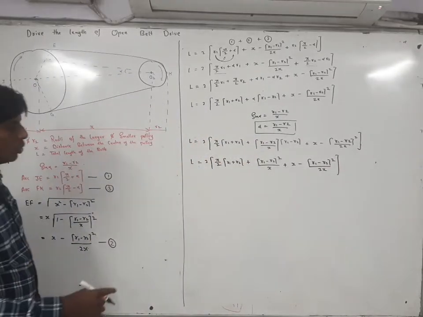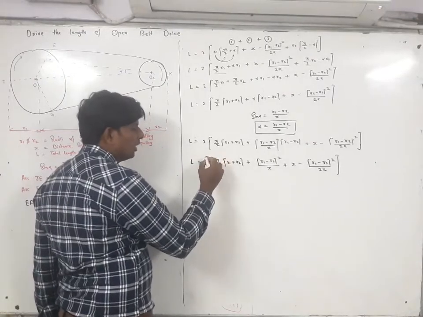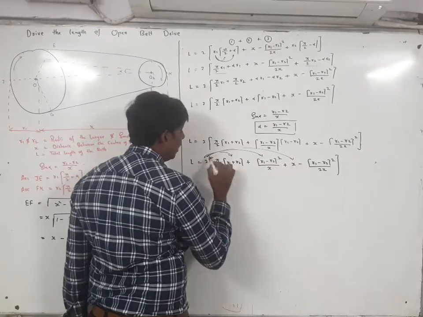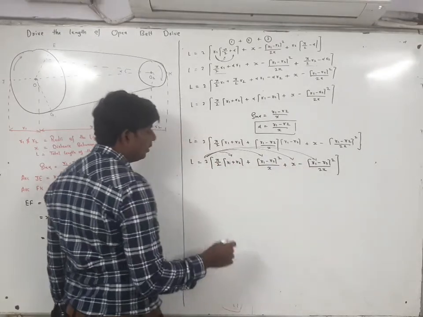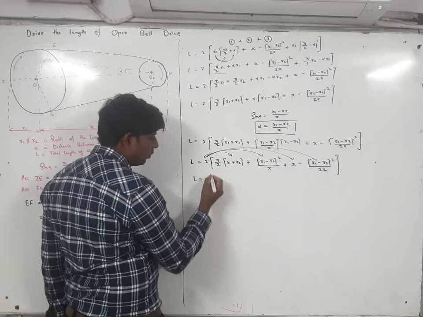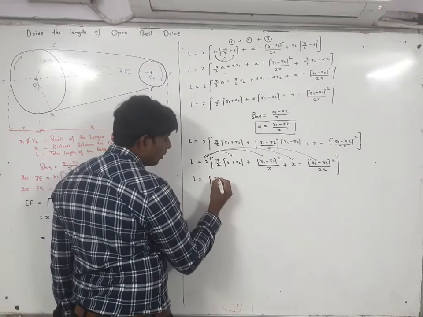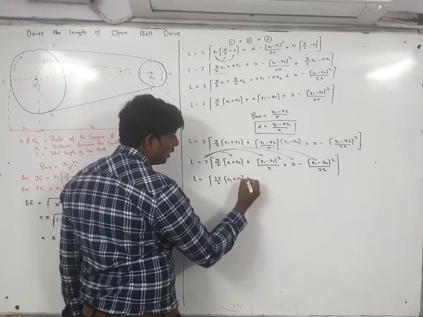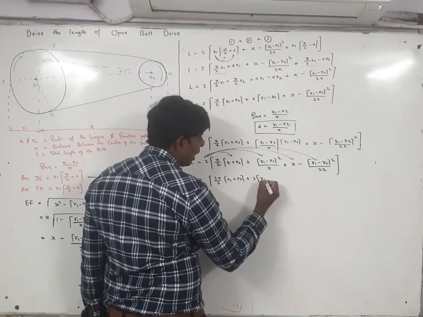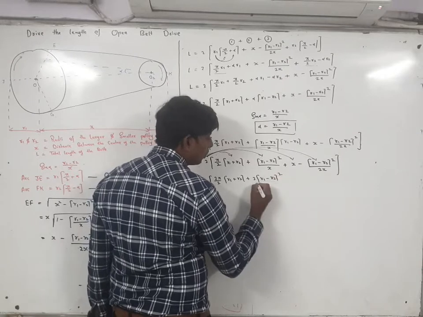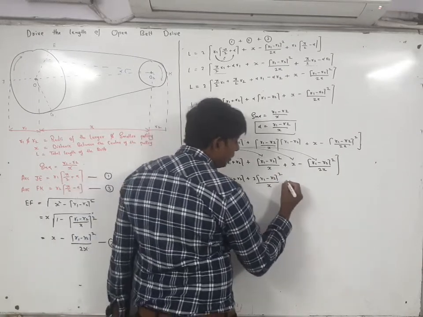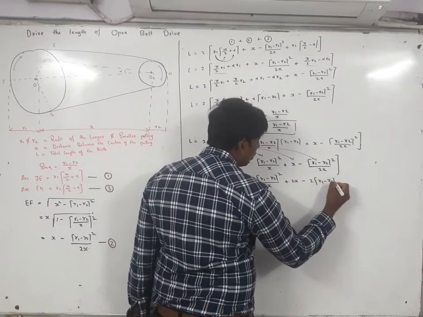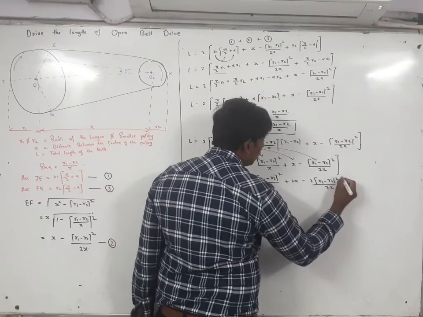Next step, you have this 2 is there. This 2 you have to multiply inside with this term, with this term, with this term and with this term. Okay? Next L is equal to, if you multiply 2 here, it will become 2 pi by 2. Here R1 plus R2, write down as it is. Here 2 into (R1 minus R2) whole square by x, plus 2 into, next 2 into (R1 minus R2) whole square by 2 into x.